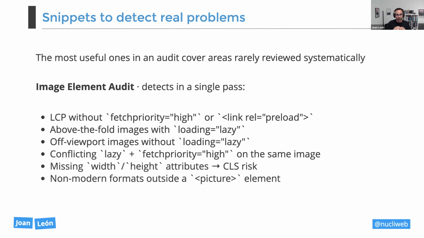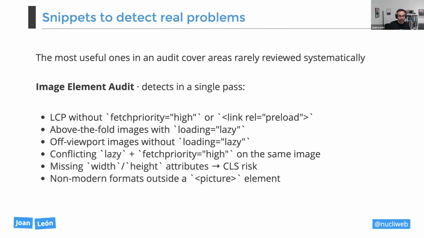The most useful ones that I usually use are not the Core Vitals. Later I can explain about that. For example, in the image elements, when I audit image elements with this script, I can see if the LCP image has fetchpriority high or not, or if it has a preload in the header.